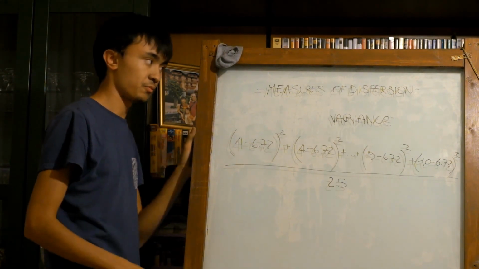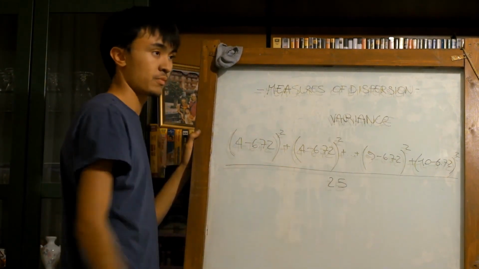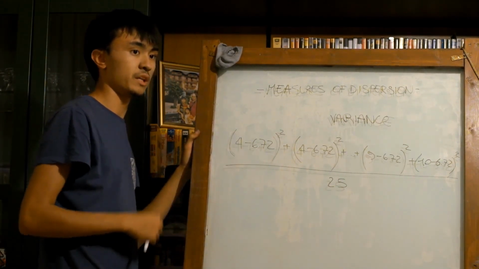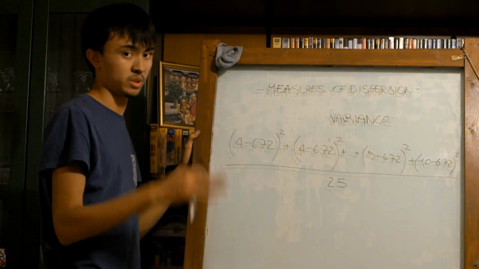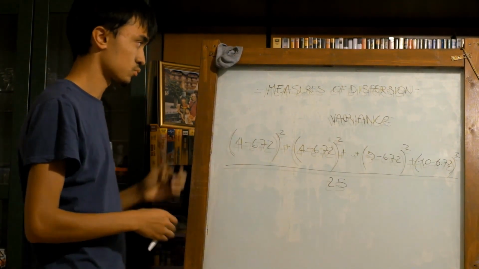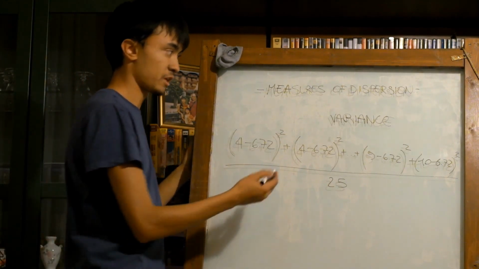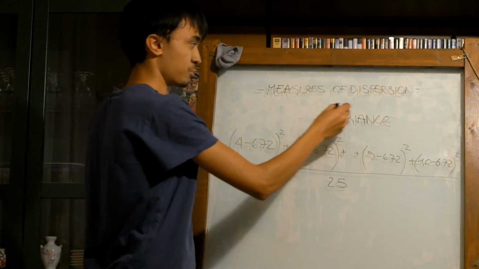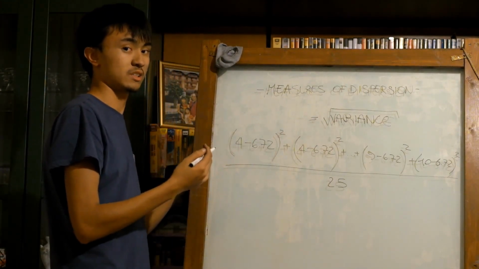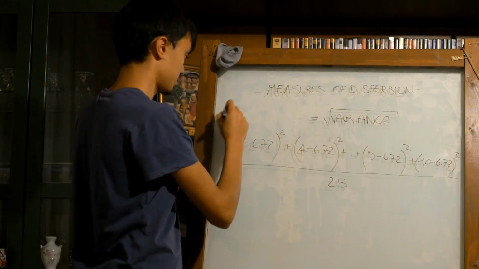In fact, if our values have a unit of measure, the variance will be in that unit of measure but squared. So, what can we do? We can take the square root of the variance, and this is our standard deviation.